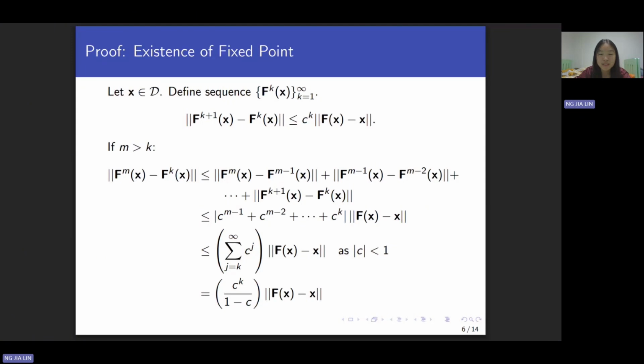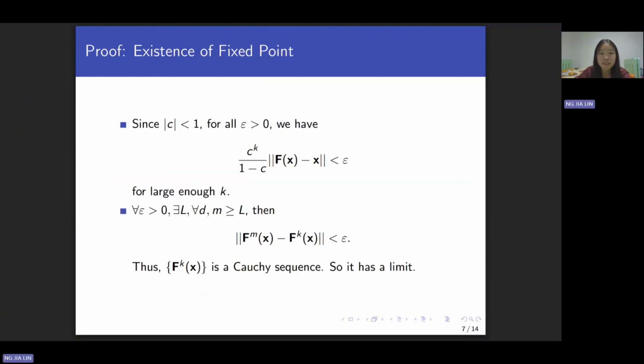Since the absolute value of c is less than 1, we can write it as c^k over 1 minus c. And since the absolute value of c is less than 1, for all epsilon greater than 0, we can make the whole thing less than epsilon when we choose k large enough.